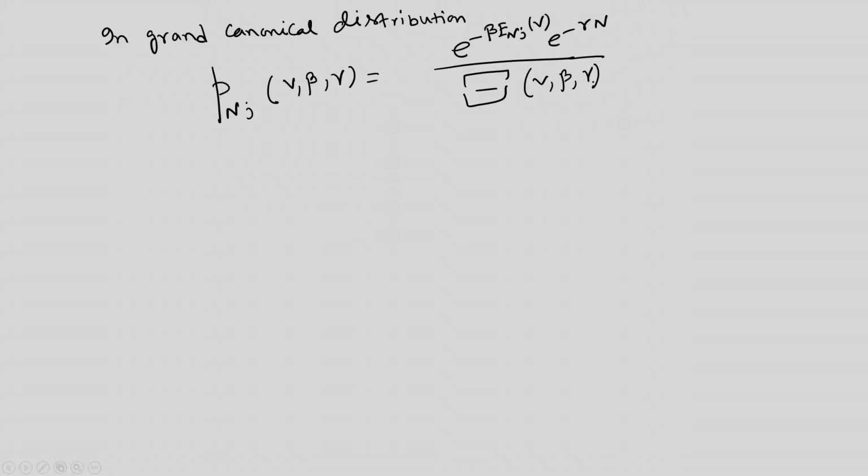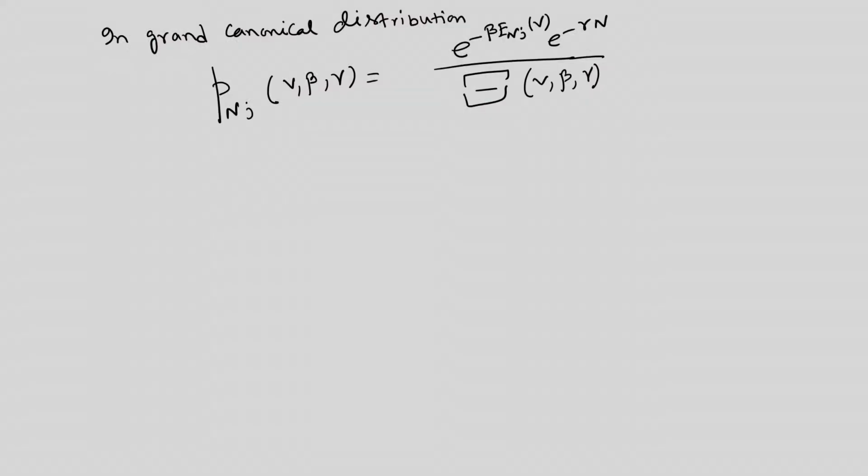So we have obtained the probability of a system having n number of particles in state j having energy Ej. We define this by P n j, which is nothing but e to the minus beta E n j times e to the minus gamma n, and in the denominator we have the grand canonical partition function.